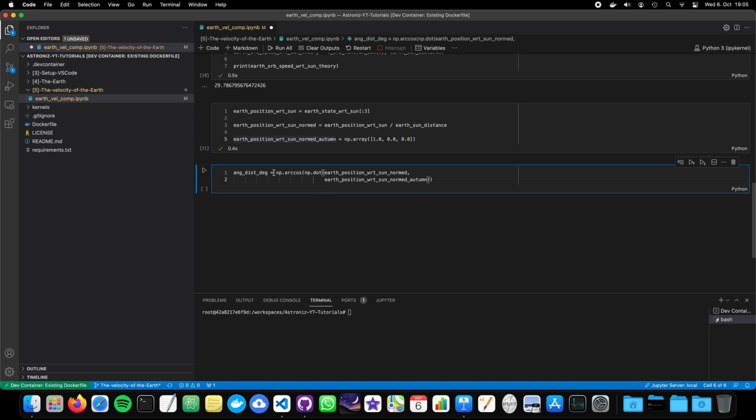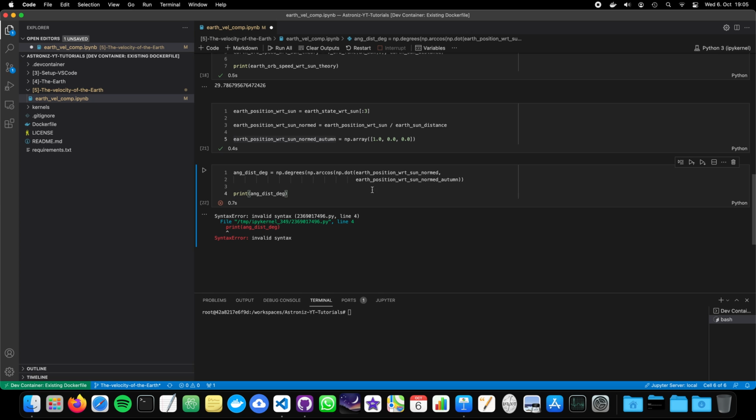The result is in radians, so we convert it into degrees. Let's make the formatting a little fancier and print the result. It should be something like 12 or 13 degrees. Hopefully this works and I don't have to redo the entire video because I embarrass myself.